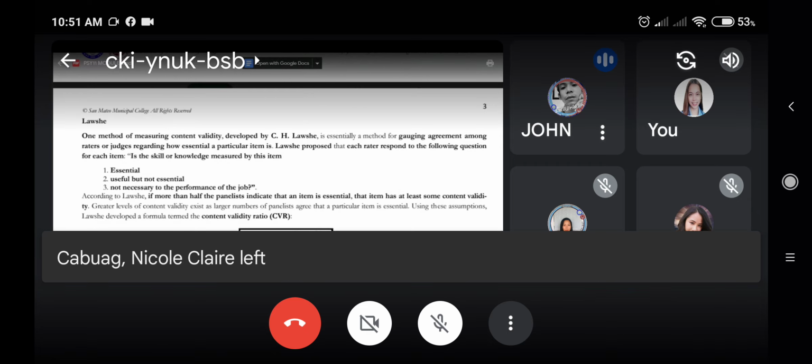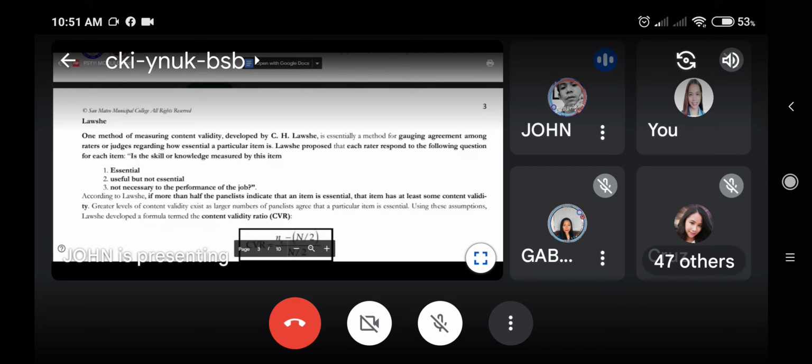For example, item number one: Psychometrician 1 rated it essential, 2 essential, 3, 4, 5, 6, 7 essential. Psychometrician 8 rated it as not essential. Psychometrician 9 rated it as not essential, so on and so forth. So you look at it per item.